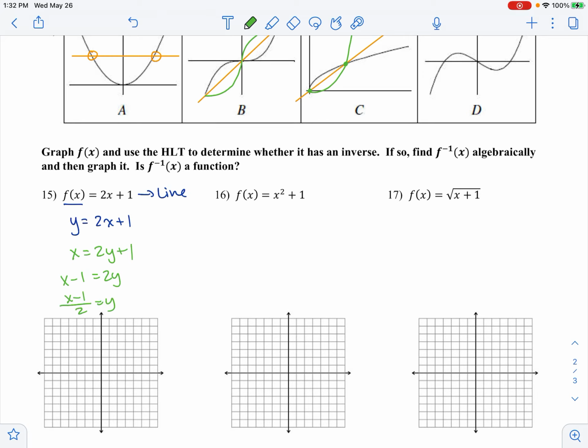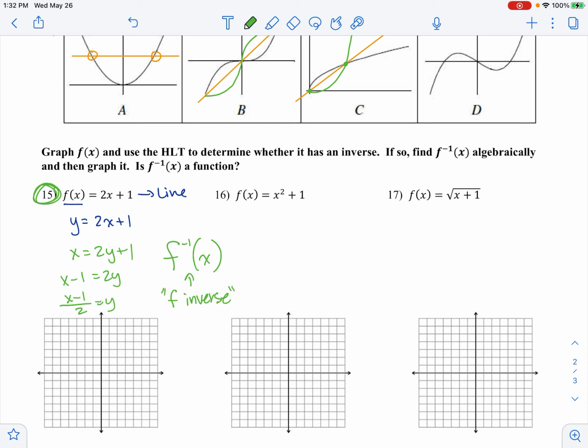And now let's talk about our notation. I don't really want both of these to be y equals and y equals, right? That's not super nice. I also want to show that this is the inverse of question number 15. And how we do that is with this f to the negative 1 notation. This means f inverse, and that's how we read it.